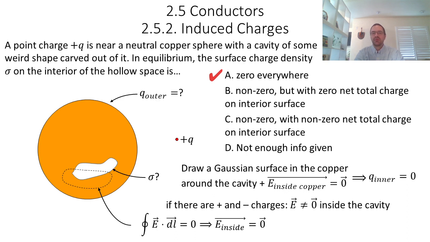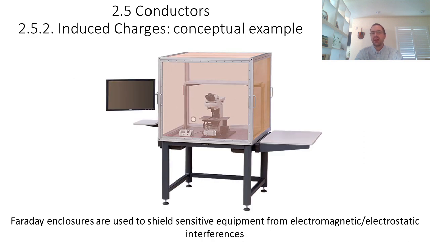Now what is interesting with this example is that you see that what is inside the cavity is completely immune from the electric field outside the copper. The charge plus Q outside could be anywhere of any value, positive or negative. The field inside the cavity will be 0 no matter what. Right? And this is the concept behind Faraday enclosures.